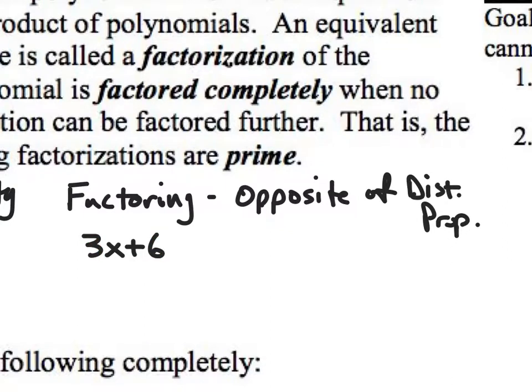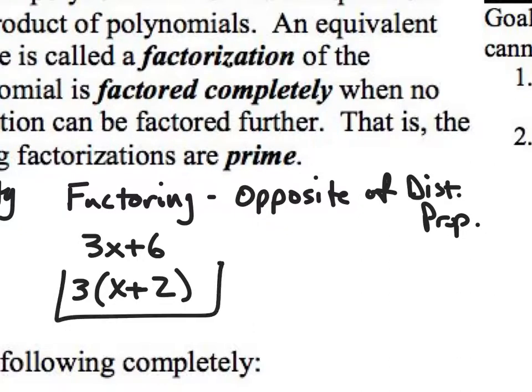And the answer is 3. So you just go backwards from what you did. If I could take out a 3 and do the opposite of the distributive property, then this is factored.